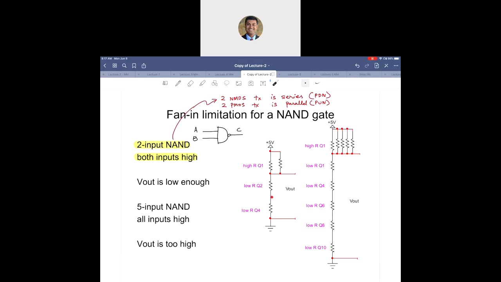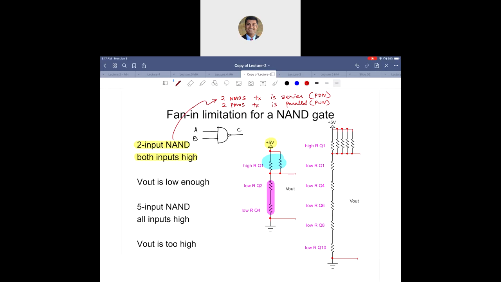If you have two low resistors over here, think about the voltage division rule. 5 volts is being divided across a parallel combination of two high resistors and a series combination of two low resistors. For this particular case, if the resistors are low in value, even if you add up two low resistors, the resistance might still be low enough that you get a low V out.